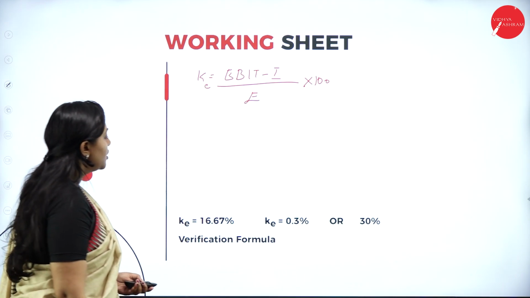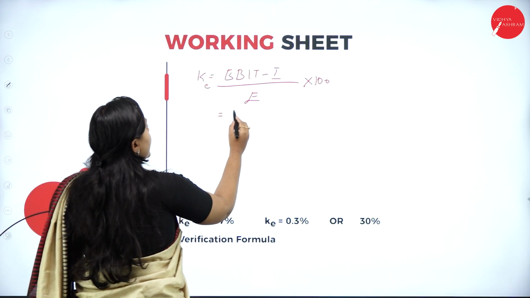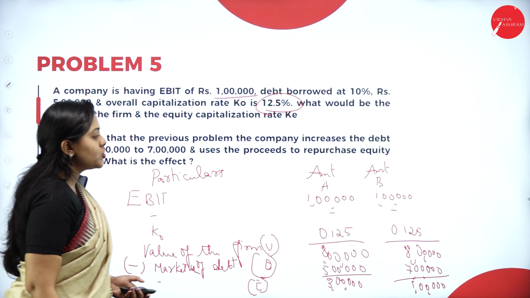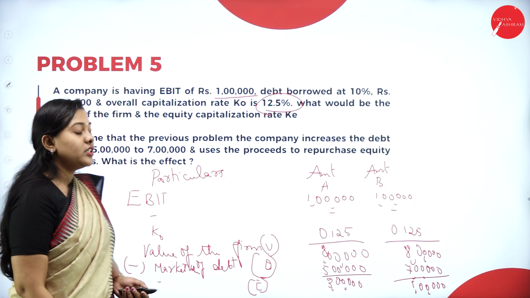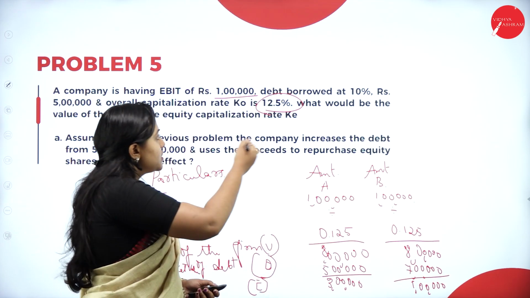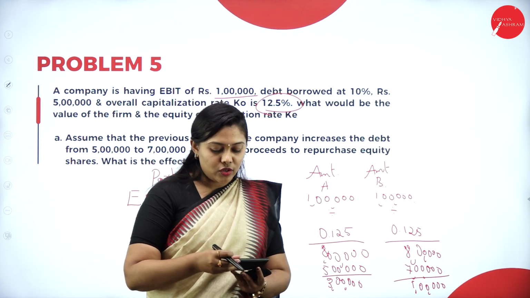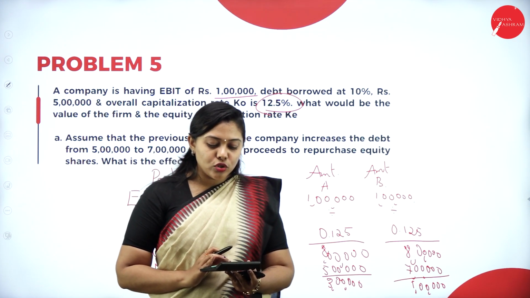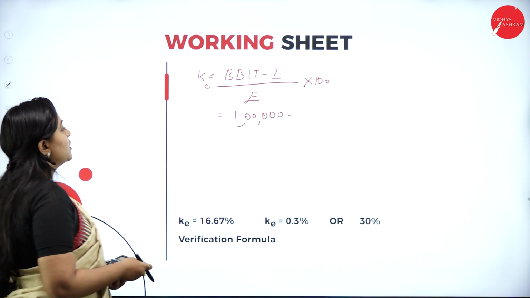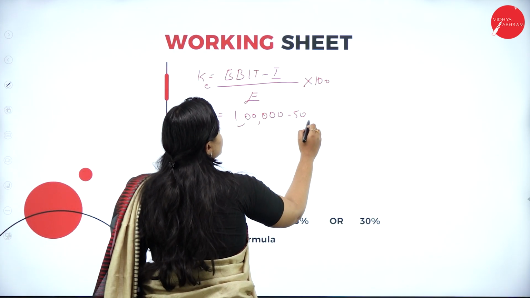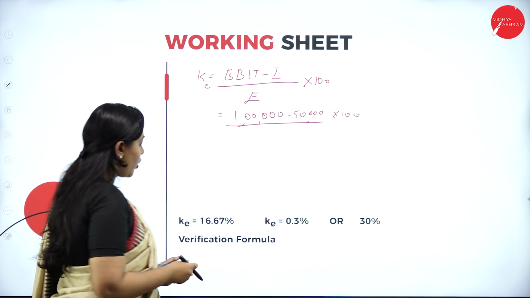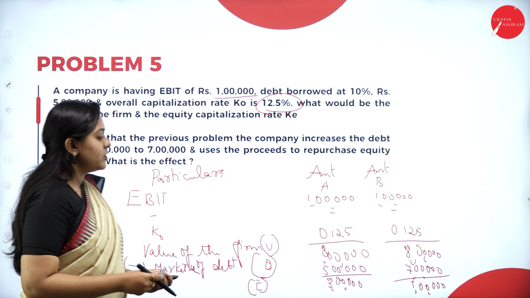So that is the formula. What is EBIT? 1 lakh. We are solving this for case A. 1 lakh minus interest. What is your debt? Debt is 5 lakh. 5 lakh into the interest rate of 10%, it is 50,000. This is divided by, what is the equity we have got? 3 lakh.